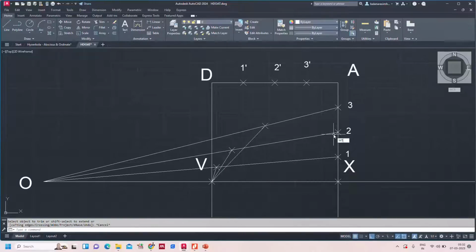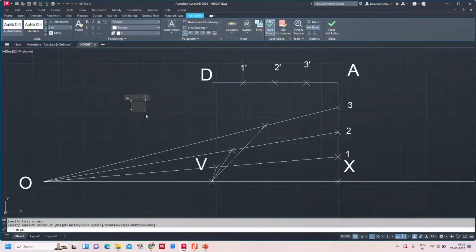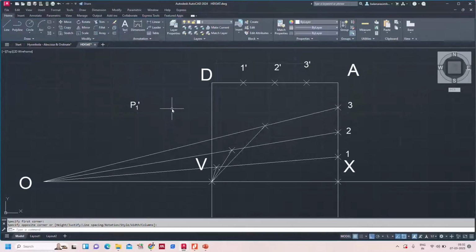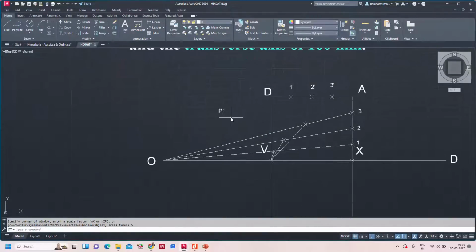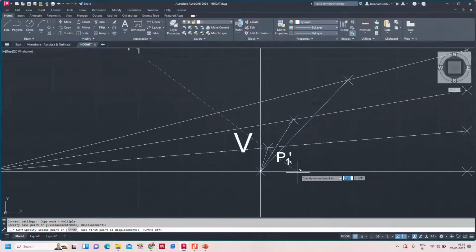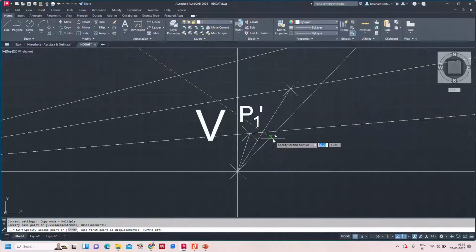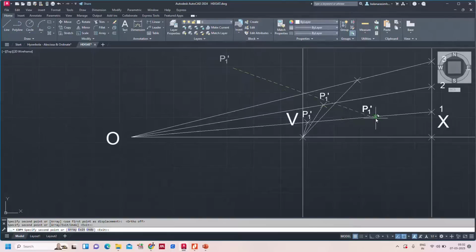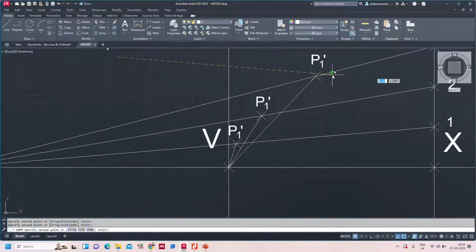Now take the M text, P1 dash, suffix. Already it's 3. Copy, switch off the auto, place it here, place it here, place it here.